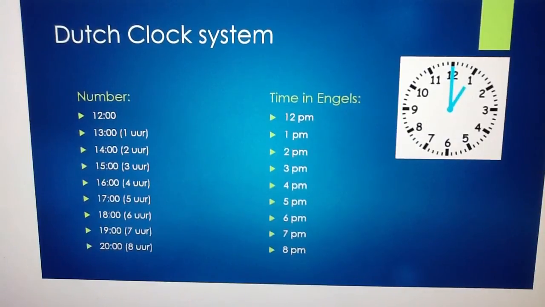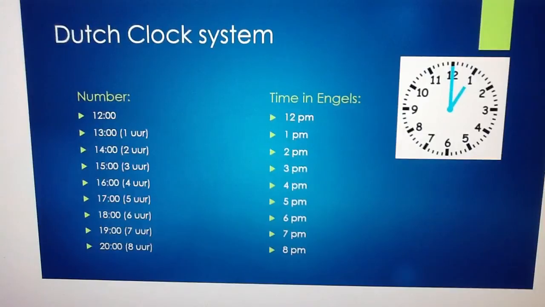And then in the afternoon we don't say 1 p.m., we say 13. It's a bit weird, but we count from 12 and we go on counting. But we don't say 13 uur, because 13 is 13 in Dutch. We say 1 uur.